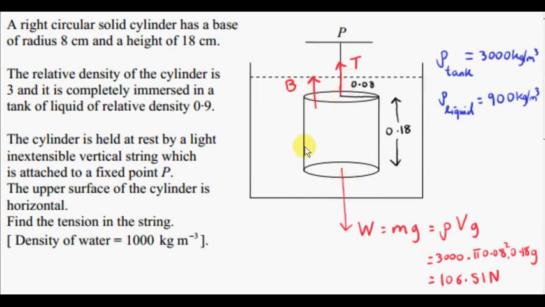So these are the three forces acting on the tank, and they must sum to zero, because the acceleration of the tank is zero. So by Newton's second law, the resultant force on the tank is mass times zero, which is zero. So the sum of the upwards vectors must equal the downward vector w. If we sum the magnitudes of b and t, we must get the magnitude of w. We are after t, so we need to know what b is.